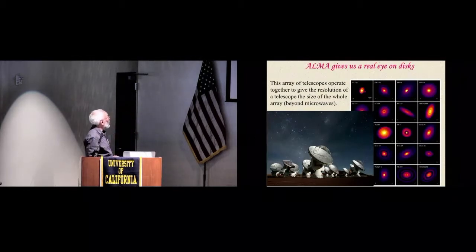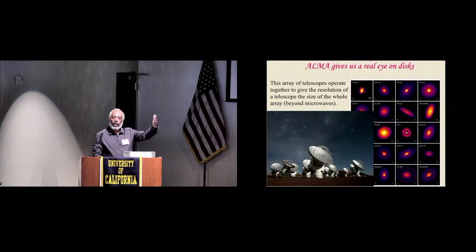And just to finish up here, you can do this, as I said, more easily. You can see through the dust better in the infrared and even longer wavelengths of light, like microwaves and even the radio part of the spectrum. And there's this fancy new array of, they're not radio telescopes exactly, they're more like microwave telescopes. I guess they could see your microwave oven.